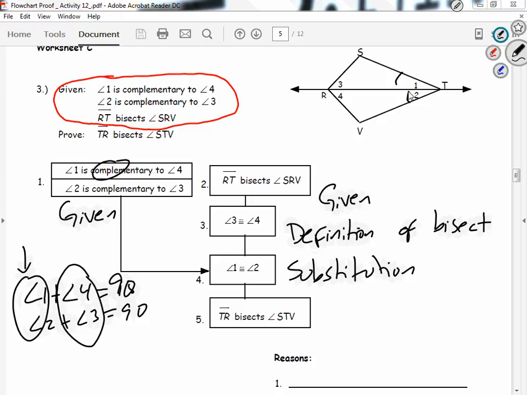Okay, so we said angle 1 and angle 2 are equal, but then we're saying the segment TR bisects angle STB.